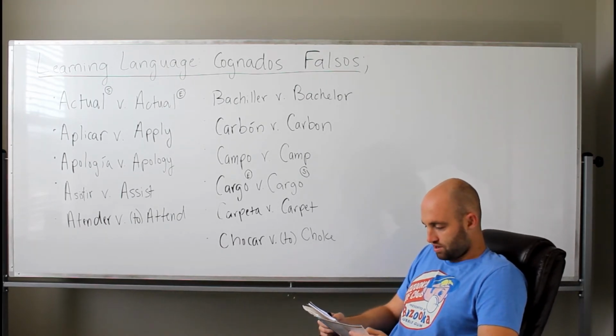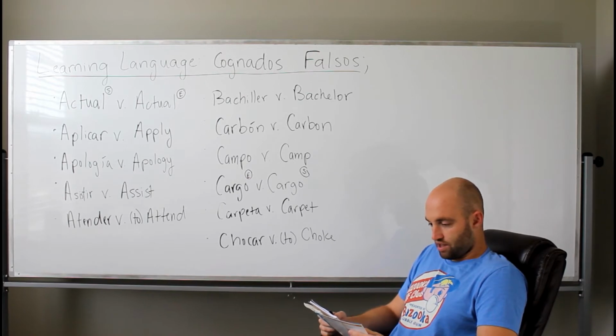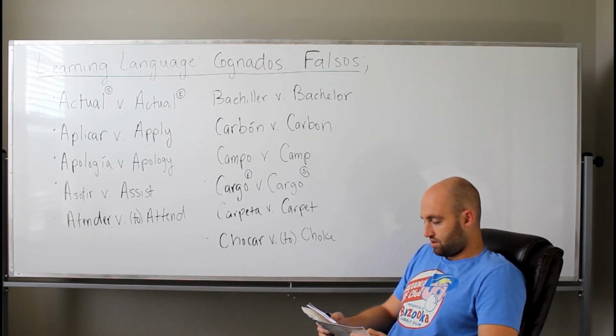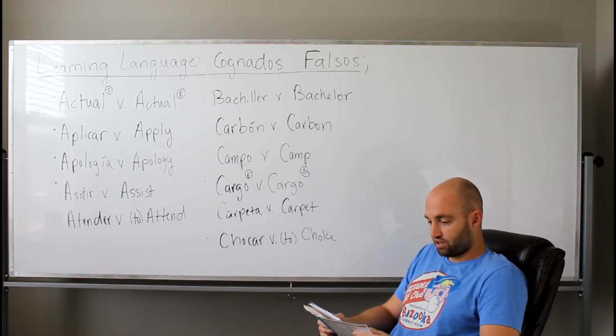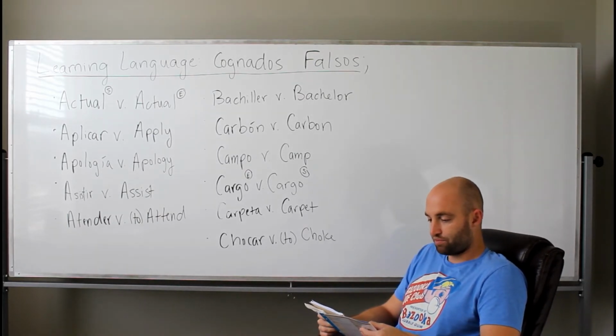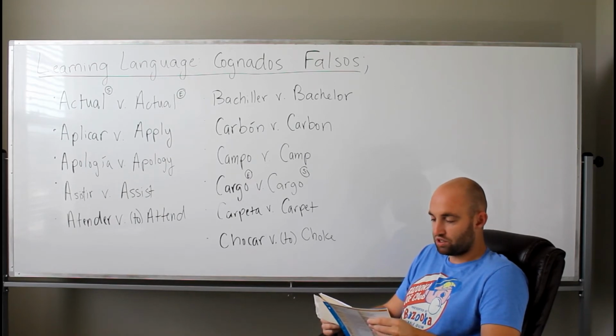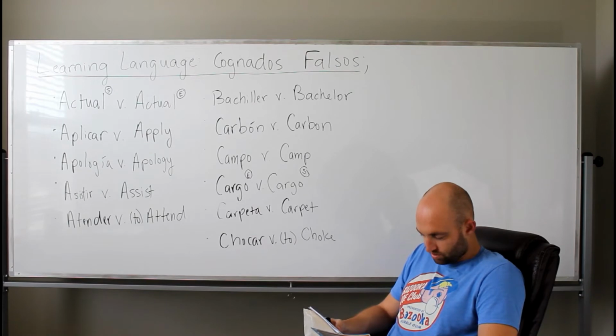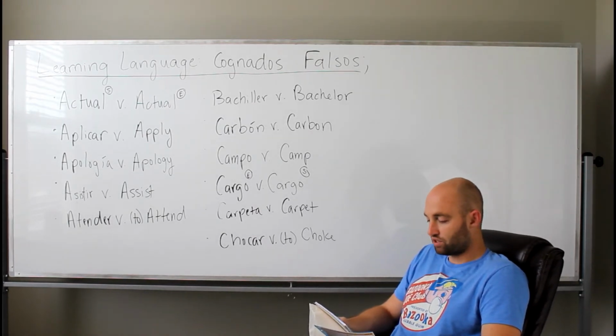For aplicar, they have to apply and to attach. Now, from English, to apply, it has aplicar. And then to apply, from the English to the Spanish on the sheet, it says solicitar. But if I look up the English to the Spanish, it will say apply to solicitar.